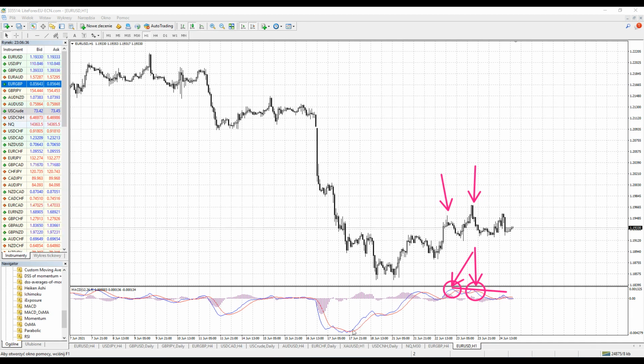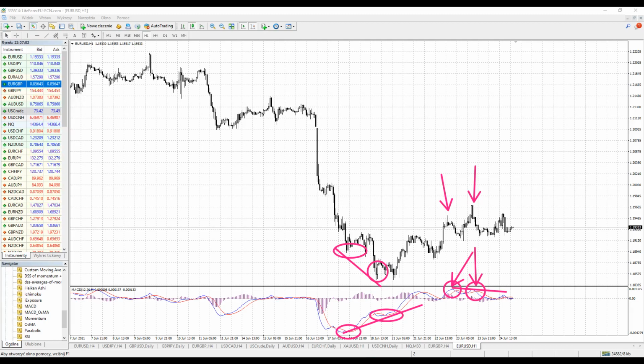Another thing is here, low, low, lower low on the prices, but not a lower low when it comes to the MACD. So that's the divergence.